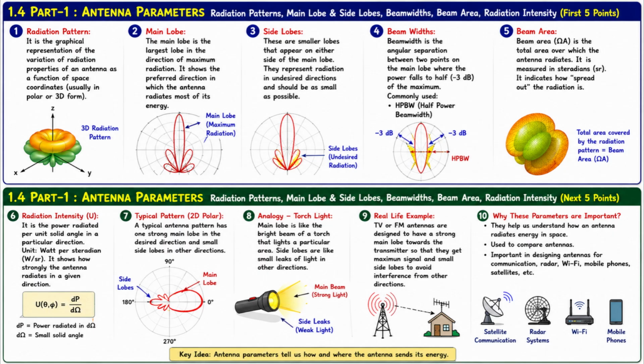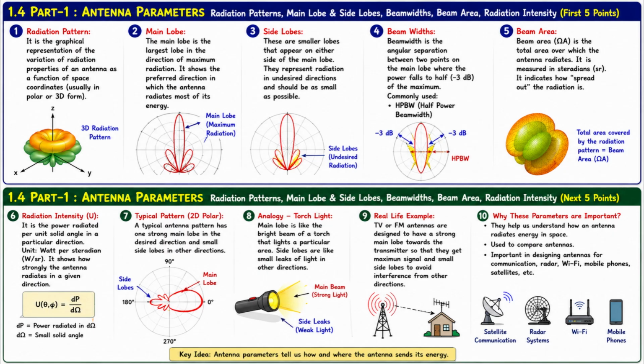Once again repeating, beam area is the total angular space covered by antenna radiation beam. Last point, radiation intensity means what? Radiation intensity means power radiated per unit solid angle in a particular direction. That is the definition.